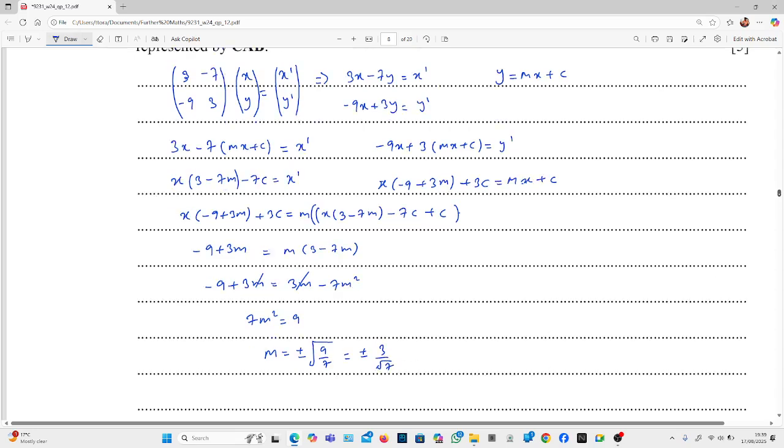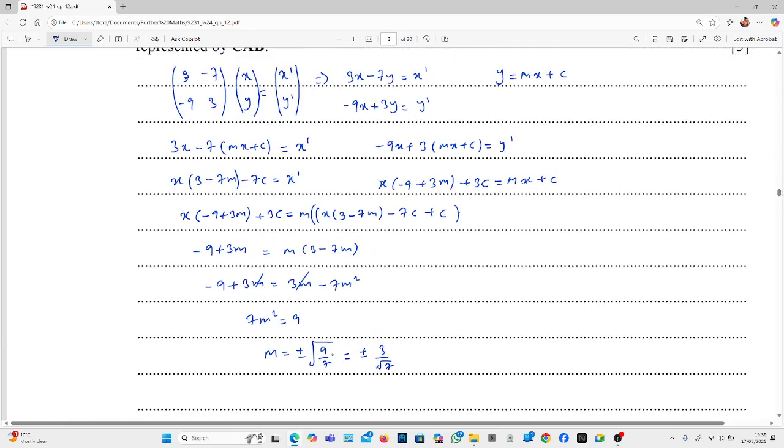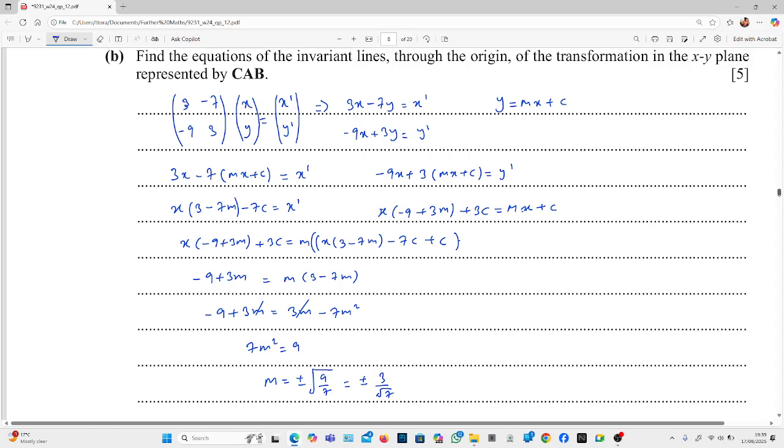Now at the same time, we also understand that it was going to pass through the origin from the question. It says here through the origin, meaning that c is going to be equal to 0.